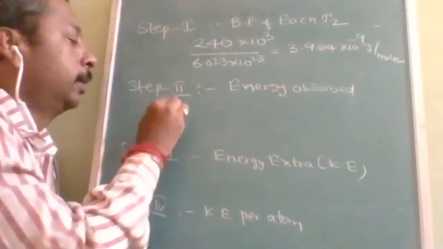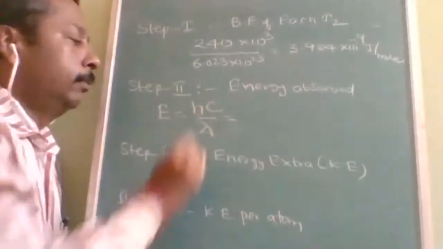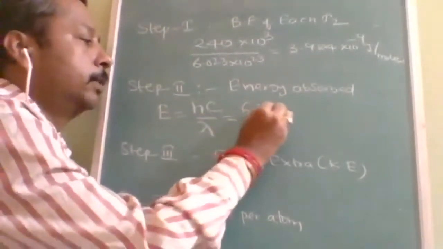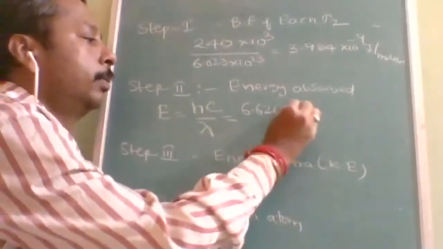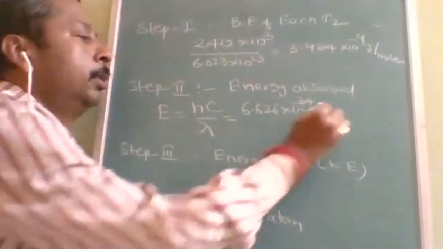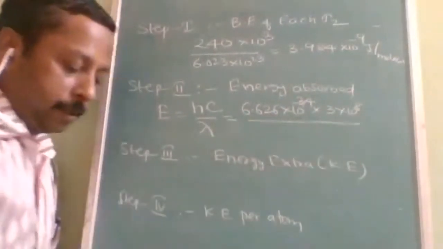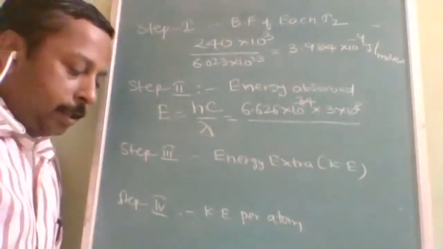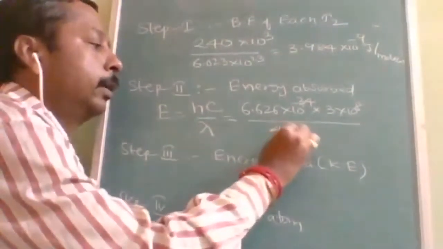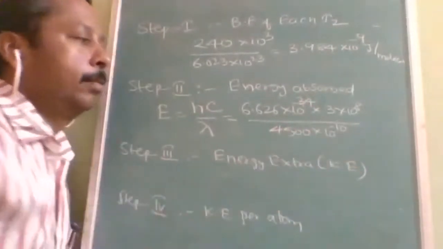So for that, what formula will we use? Hc upon lambda. The value of h is 6.626 into 10 to the power of minus 34, into 3 into 10 to the power of 8, and the wavelength given to us was 4500 angstrom, where an angstrom is 10 to the power of minus 10 meters.